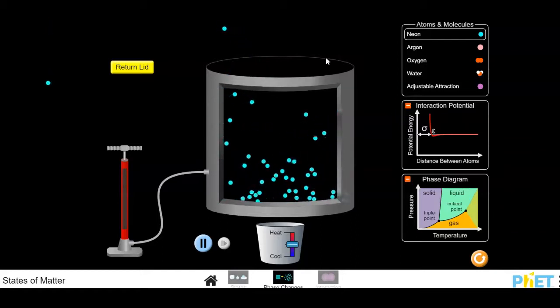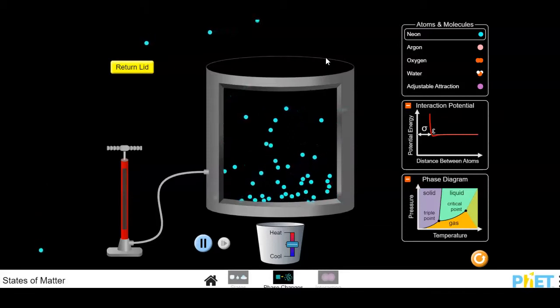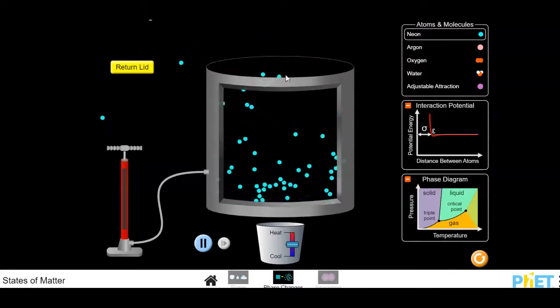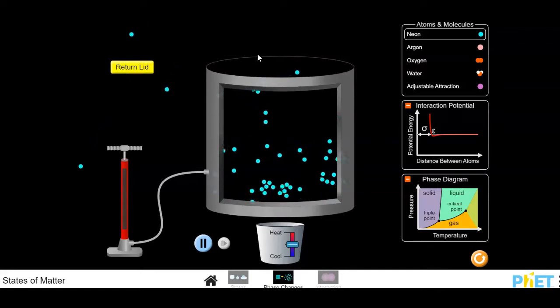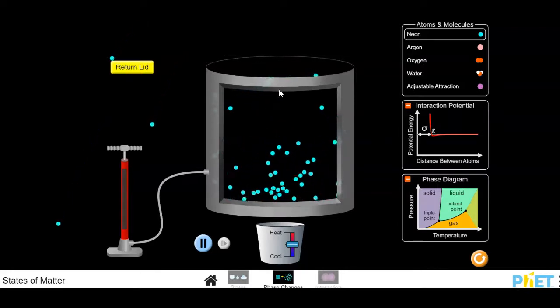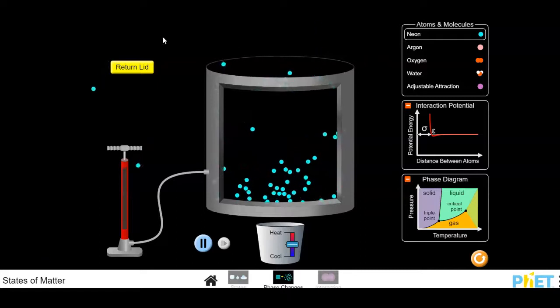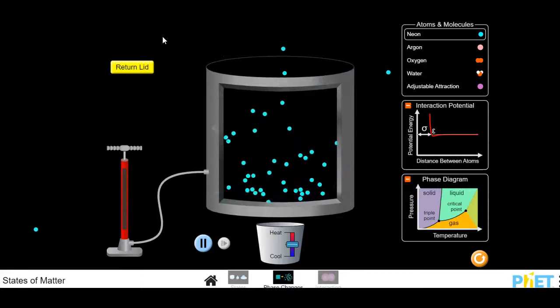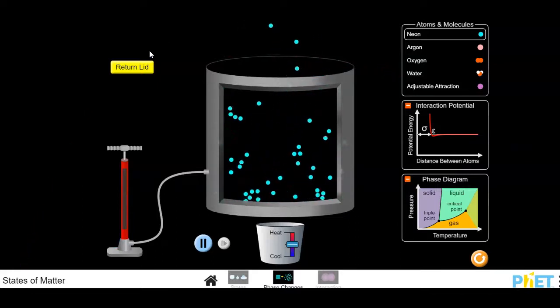So if you take a cup of soup or a cup of coffee and you blow away the top layer of those most energetic atoms, so that they can't come back and rejoin the cup of coffee, you're basically removing that kinetic energy from the cup of coffee, and therefore you're going to cool it down, and you'll be able to drink it because it's cool enough to drink.